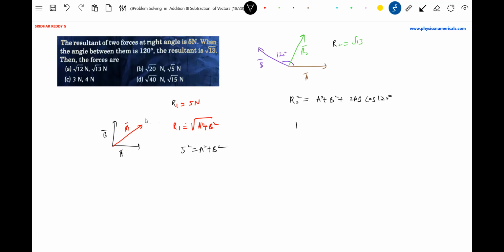Root 13. So it will become 13 only. A square plus B square plus 2AB cos 120, which will be minus 1 by 2. A square plus B square is how much? It is 5 square. Okay, this will become equal to minus AB. So AB equals 25 minus 13, which is 12.